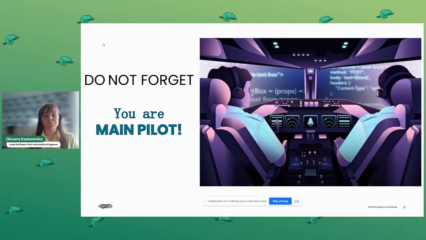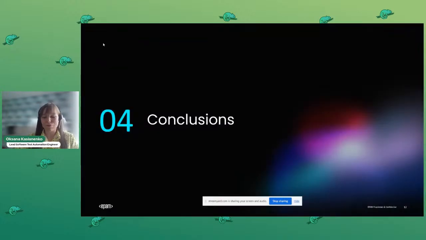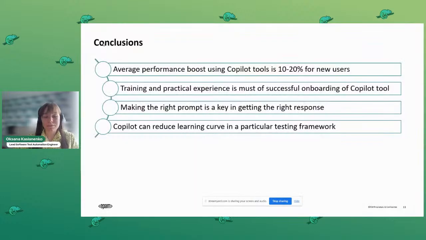Don't forget the main limitation of GitHub Copilot: you are the main pilot. You are in charge of everything. You are responsible for accepting the code which was suggested by Copilot or declining it. Don't forget about this. And let's make some conclusions.